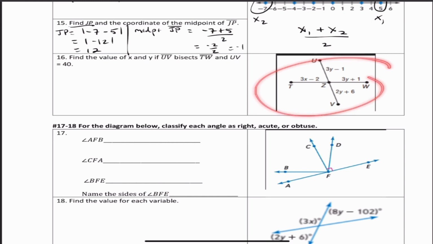We have this image over here. Find the value of x and y if the segment UV bisects the segment TW. Now I know that when we say bisect, we're associating that with angles and stuff, but we're dealing with segments here, and a segment can actually bisect another segment, and that is going to split that segment into 2 congruent parts.